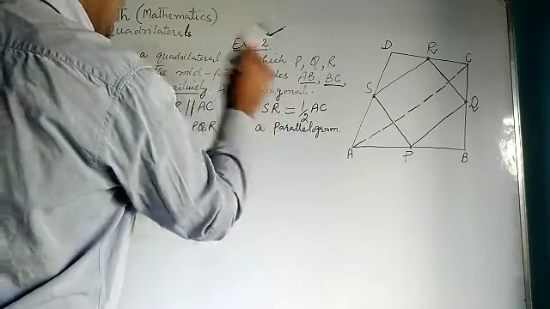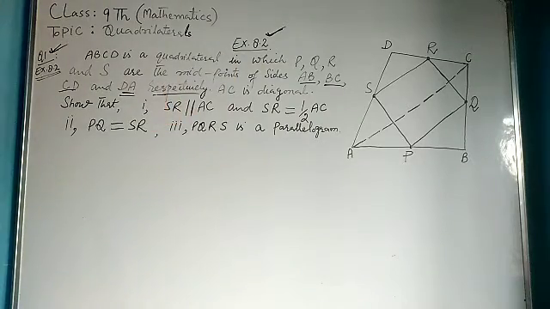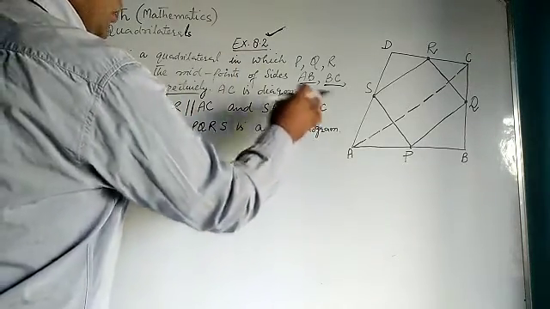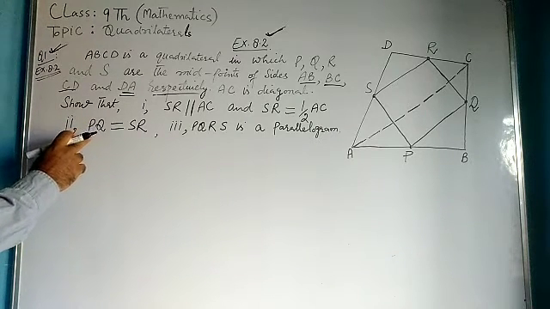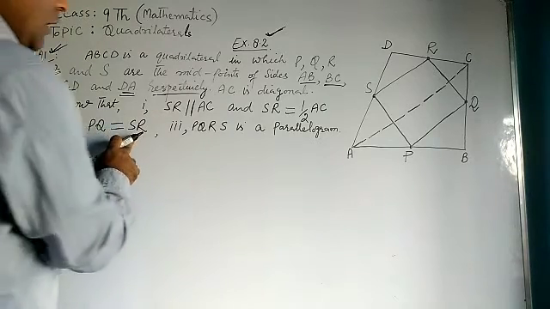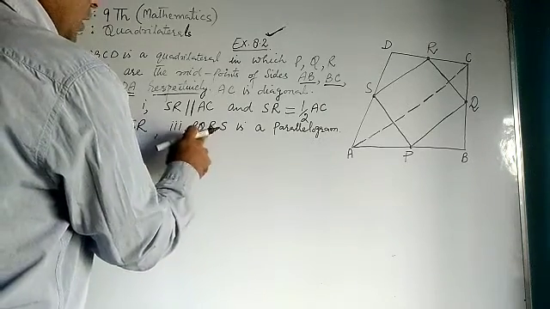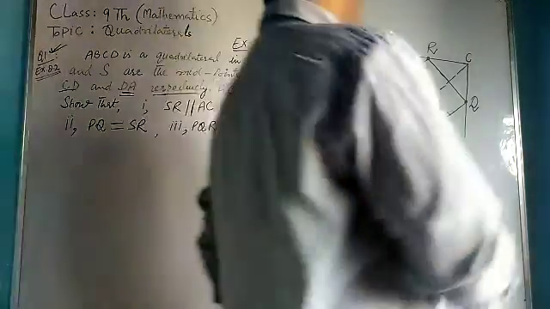AC is a diagonal. Show that SR is parallel to AC and SR is half of AC, and second, we have to prove PQ is equal to SR, and third, PQRS is a parallelogram. So we have a quadrilateral ABCD.